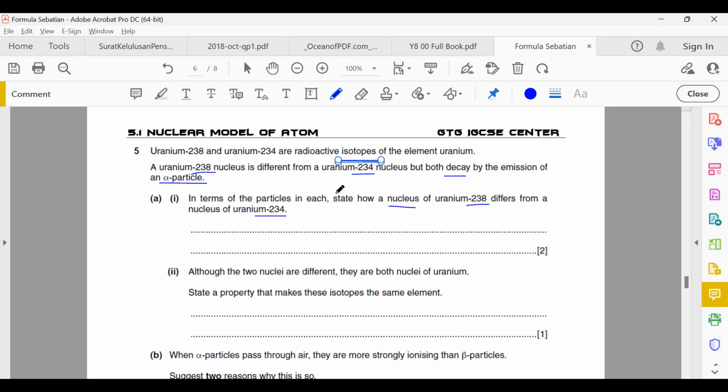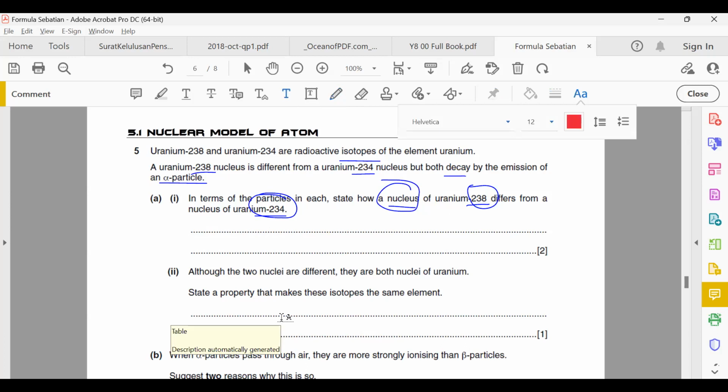I don't know how many protons there will be, but I know for a fact that this one will have 4 more neutrons compared to this one. So my answer should be that they have the same number of protons, but uranium-238 has 4 neutrons more than uranium-234, because I only want to care about the composition of the nucleus.